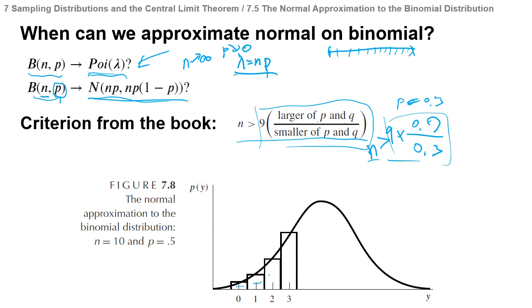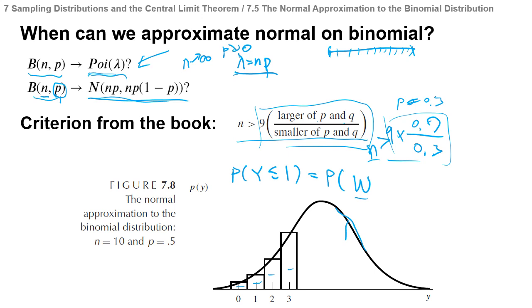These histogram rectangles are probabilities for the binomial distribution. So in this case, the probability of Y less than or equal to 1 can be approximated by the probability of W, which is the corresponding normal distribution of this continuous thing.